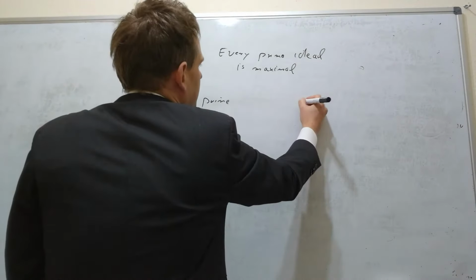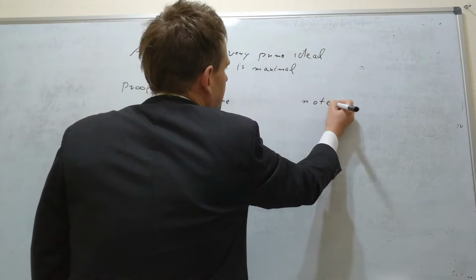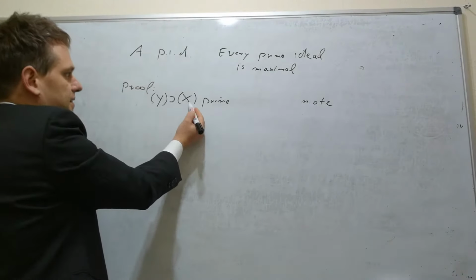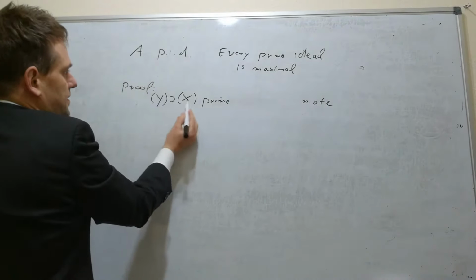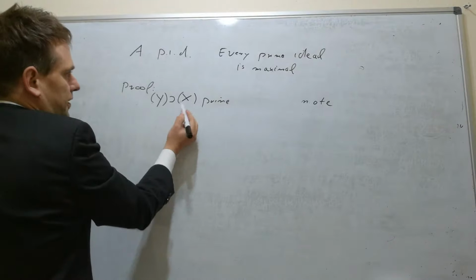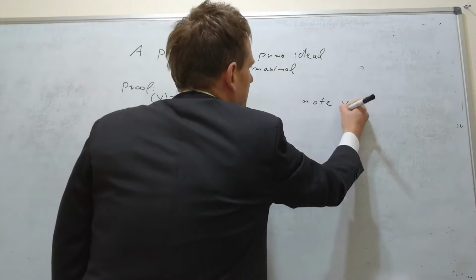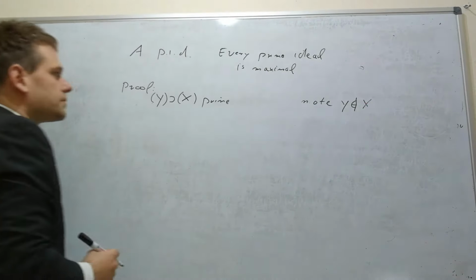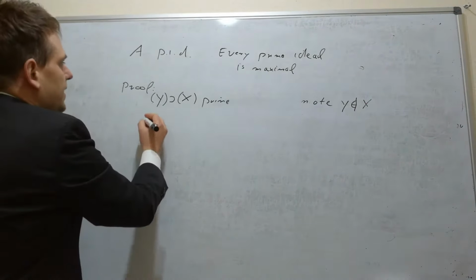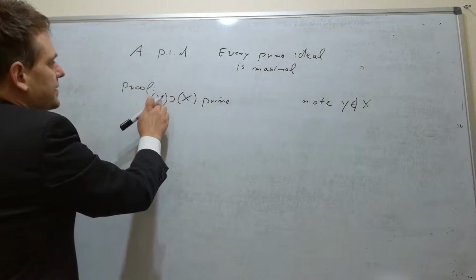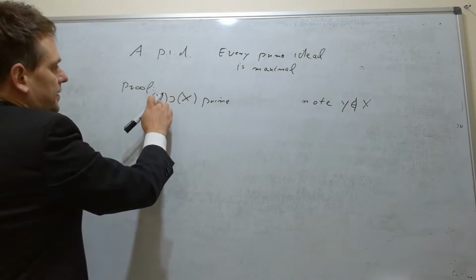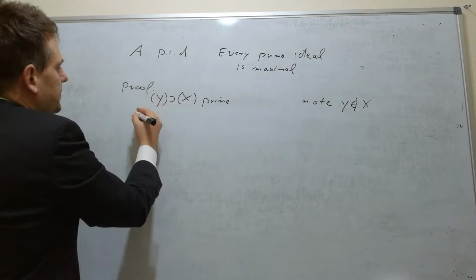Note that this implies that y is not an element of (x), since otherwise this inclusion could not be proper. So y is not in (x), but x is in the ideal generated by y.